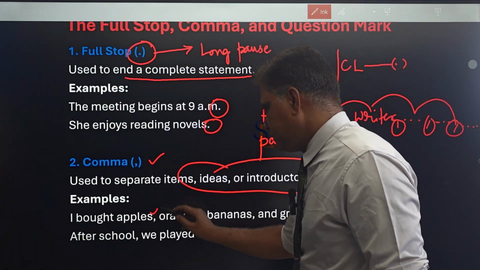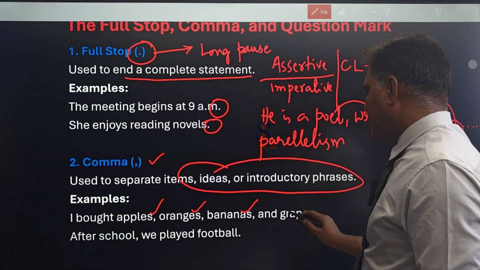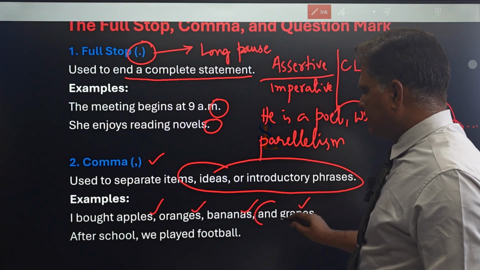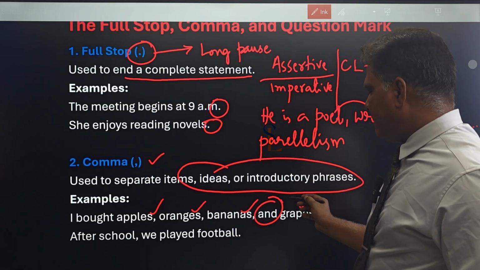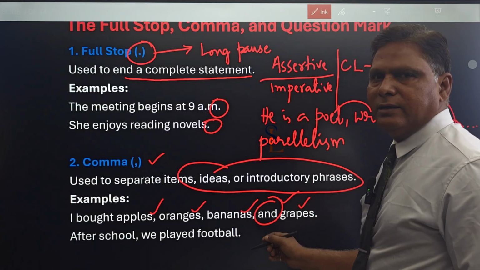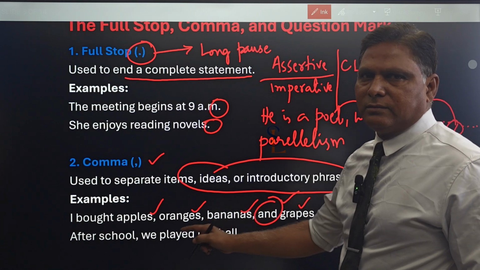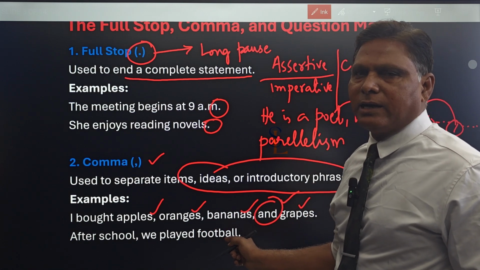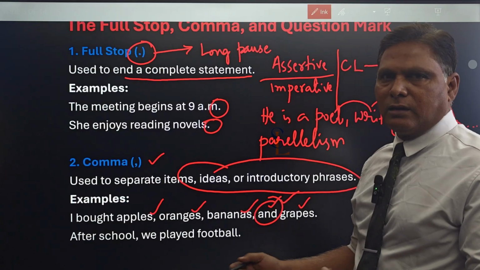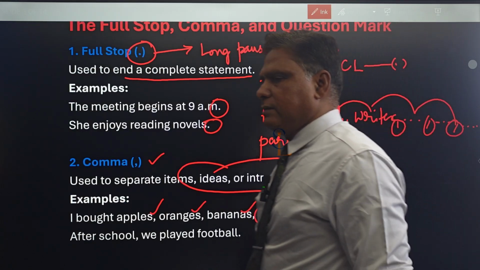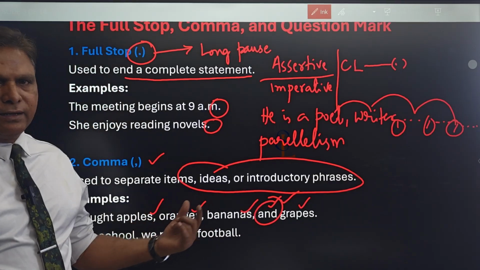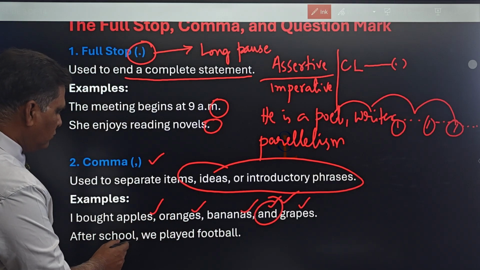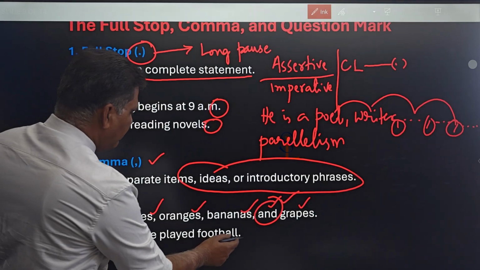I bought apples, oranges, bananas, and grapes. And there is one rule in grammar about whether to use and before the last word among all the words that are divided by comma, and should be used or not. That is always a simple rule or maybe a complicated rule sometimes, whether to put and or not. So, after school, comma, we played football.